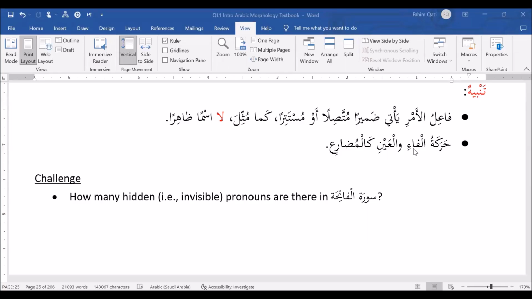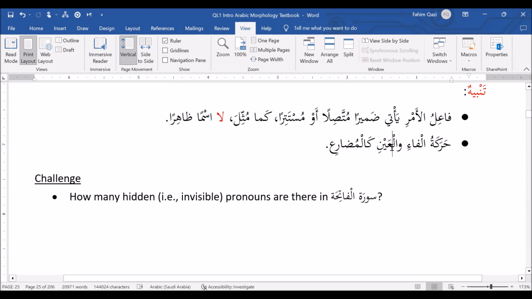The second important point to note is harakatul fa wal ain kal mudari'. What this is saying is that the haraka of the fa letter, which is the first root letter, and the ain, which is the second root letter, is going to be the same as mudari.